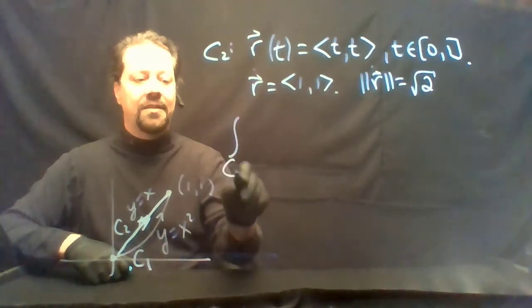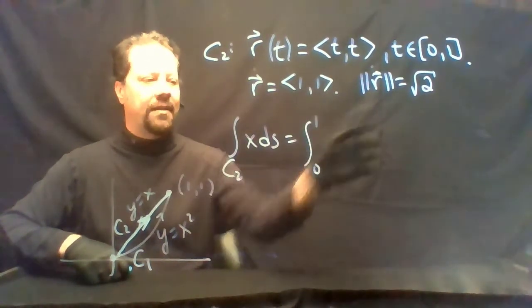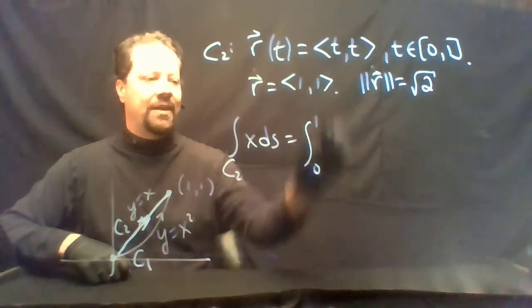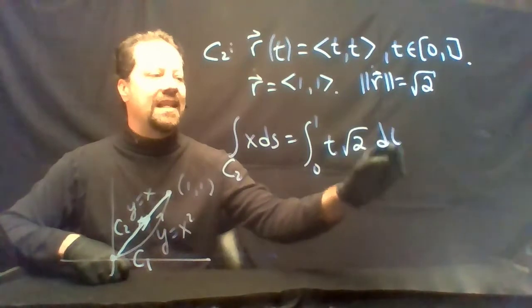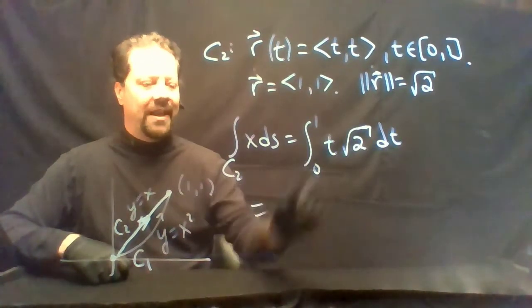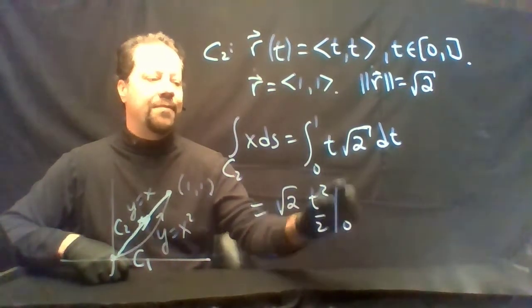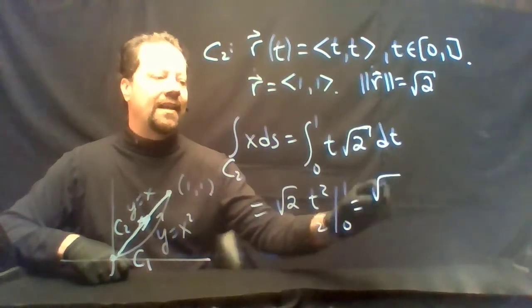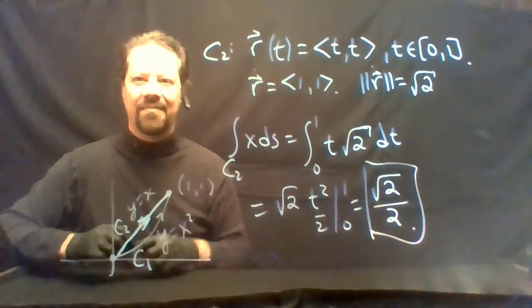The integral on C2 of x ds will be the integral from 0 to 1 of x, which we know now to be t, times root 2 dt. When we integrate, we'll get root 2 times t squared over 2 evaluated from 0 to 1. And that, again, is root 2 divided by 2.